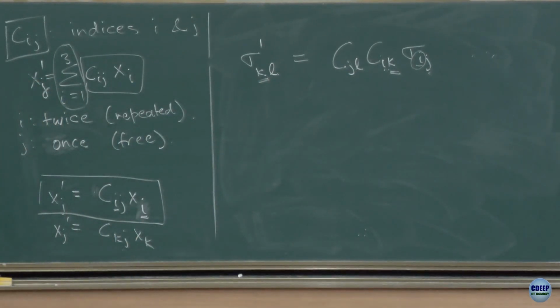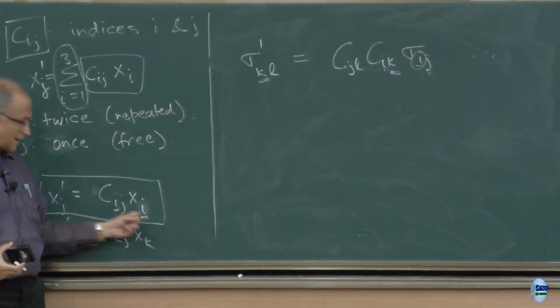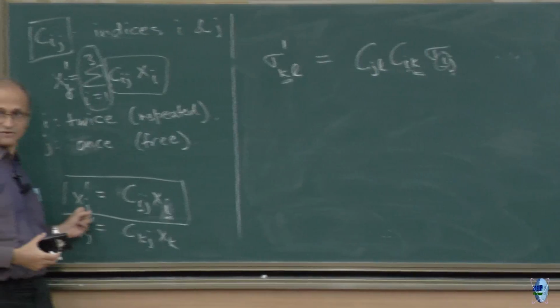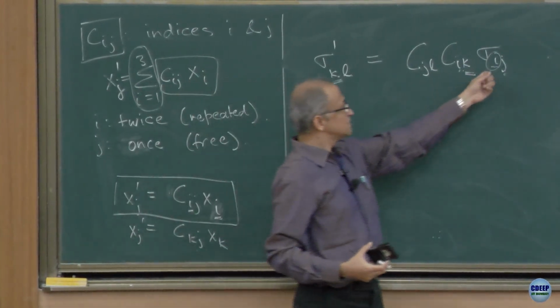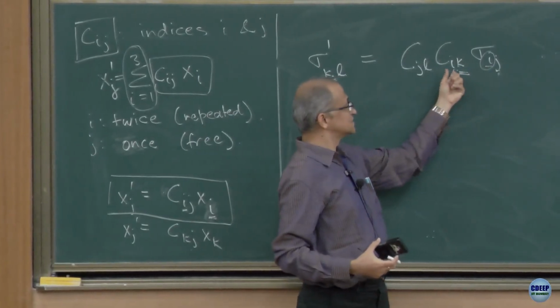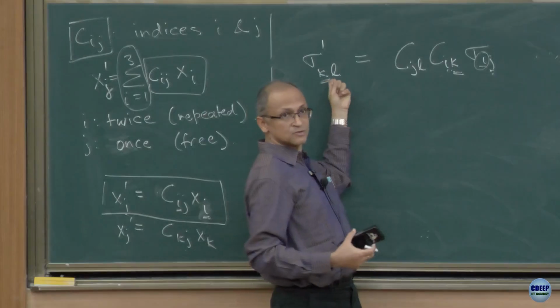If you just think about it, maybe my explanation is not good enough. You can think about what we are doing. All we are saying is, if you look at the Cij, the first index is the same as this index here, and the second index is the same as whatever we get on the left. The same thing we are doing here. Sigma ij, the first index is the same as here, and the second index is what will map to this place.